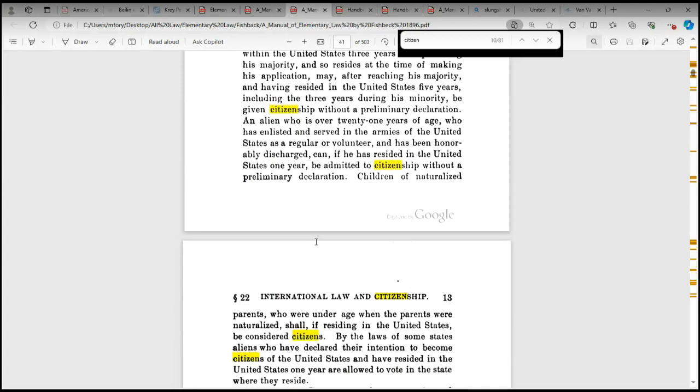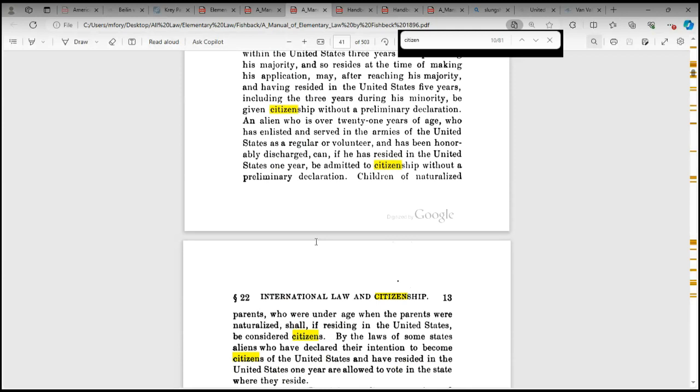An alien who is over 21 years of age, who has enlisted and served in the armies of the United States as a regular or volunteer, and has been honorably discharged, if he has resided in the United States 1 year, may be admitted to citizenship without preliminary declaration.